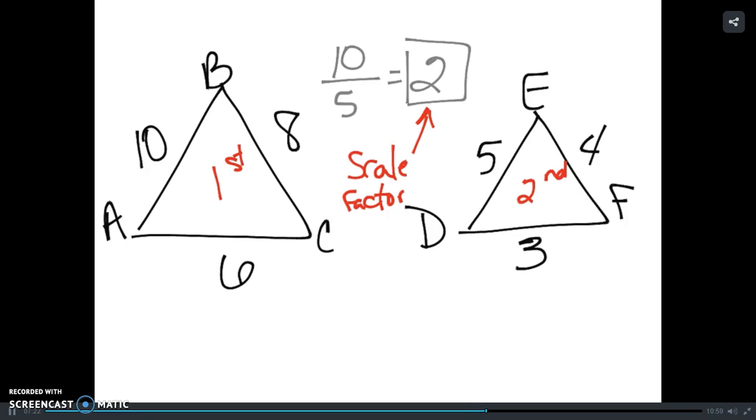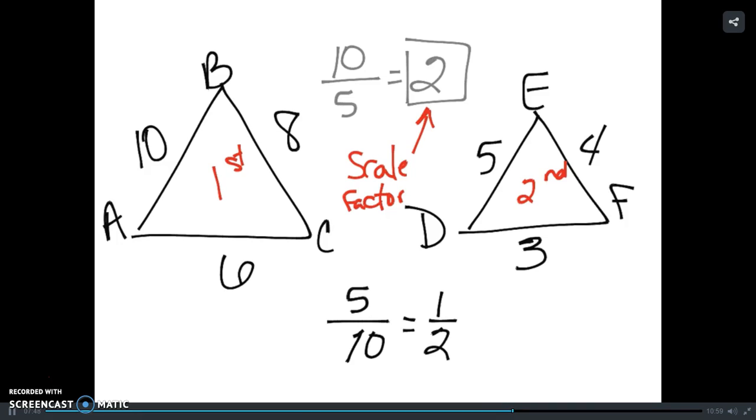For example, if I had put these backwards, if I had said it was 5 to 10, then my scale factor would be 1/2. I would be saying that the first one is half the size of the second one instead of the first one being twice the size of the second one.